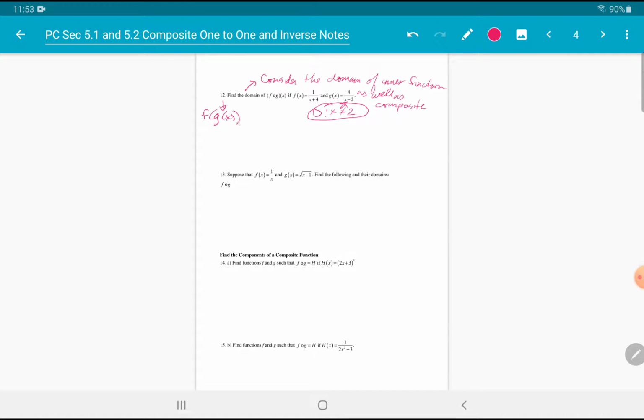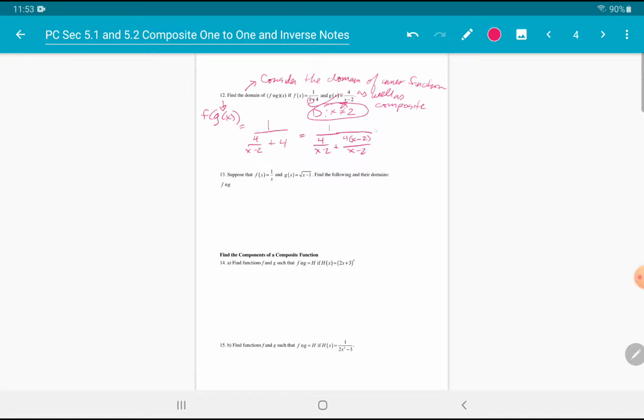Now let's go ahead and find the f of g of x and then be able to find its domain. So we're putting g into f, so we're going to have 1 over, and then whatever x is, we're going to replace with g of x, so 4 over x minus 2 plus 4, and then we'll need to simplify this. So this will turn into 1 over 4 over x minus 2 plus 4 times x minus 2 over x minus 2, just getting common denominators there.